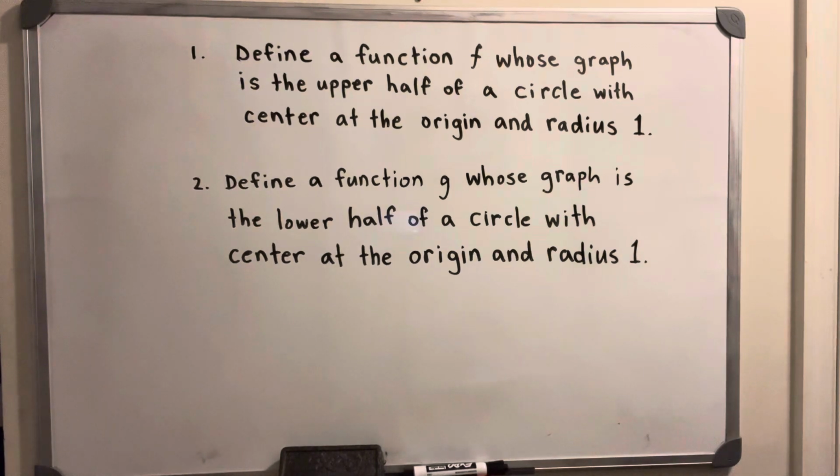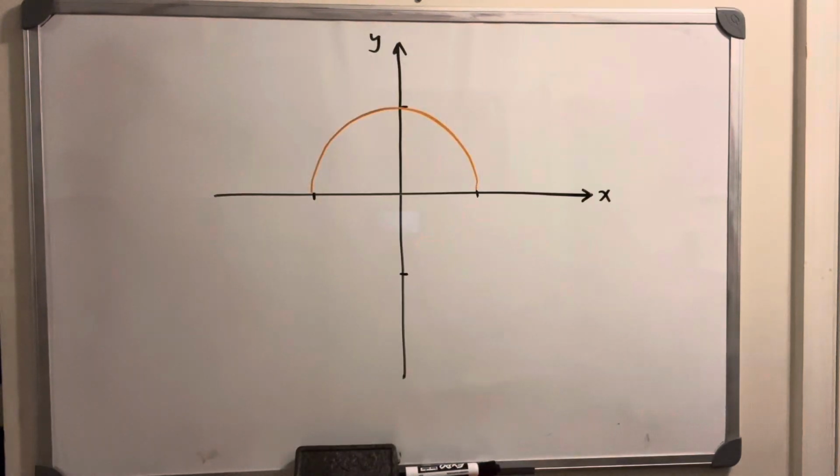So first, before we have the functions, let's draw the pictures of the graphs that they're talking about so we can see them. Here's a picture of what part 1 was talking about. So we have the top half of a circle. And so what are your thoughts? Think about what function you could devise that. Well, what is the equation?